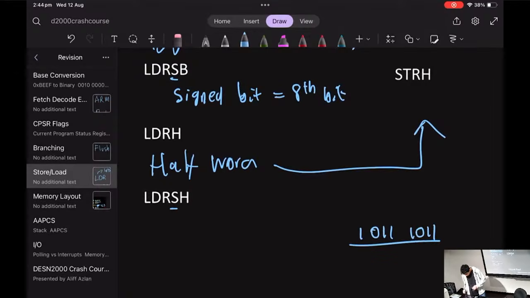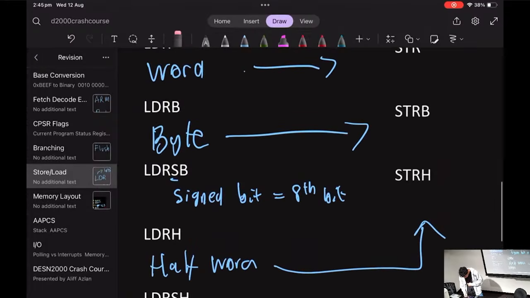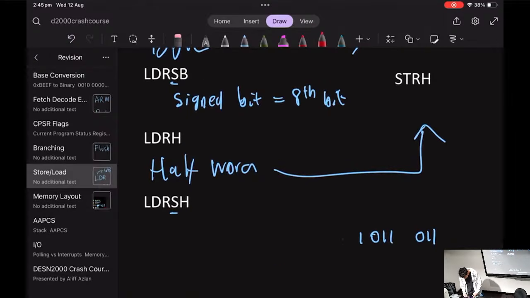All right. So as you can see, this is a negative number. How do I know that? Because the first bit is a 1. So if we load that into a register, if we use LDRB, what ends up happening is that it just ends up filling up the rest of these with zeros. And then we sort of lose the meaning of our sign.